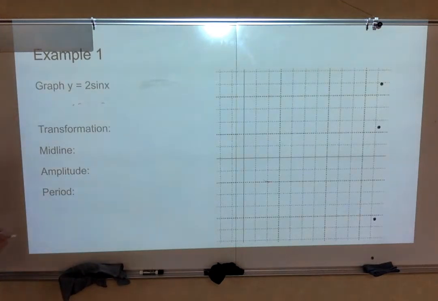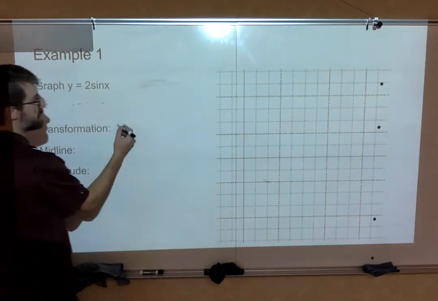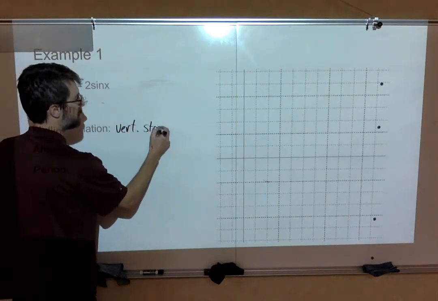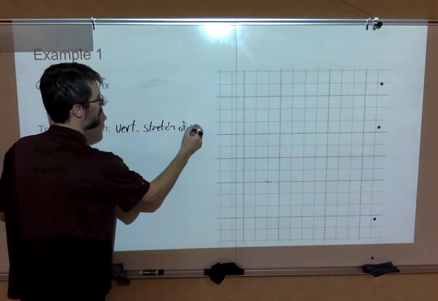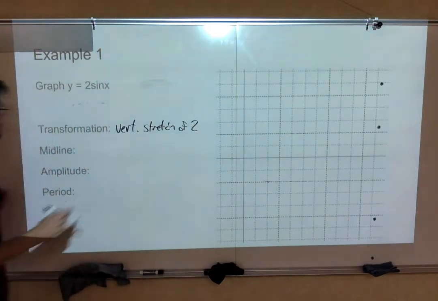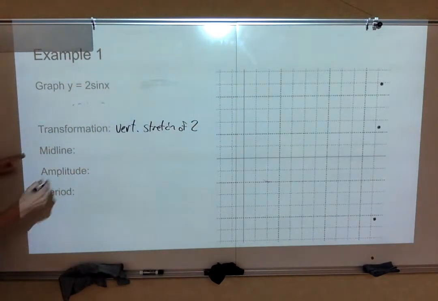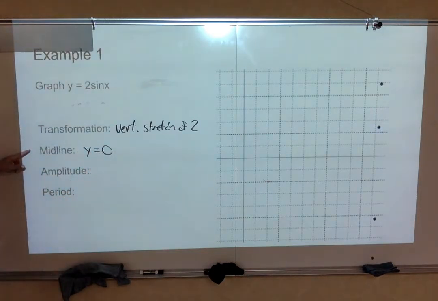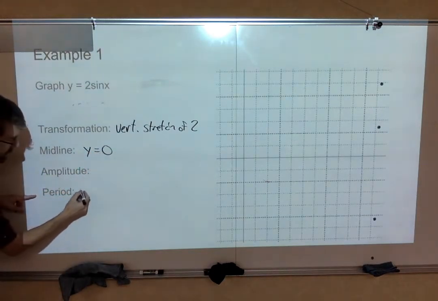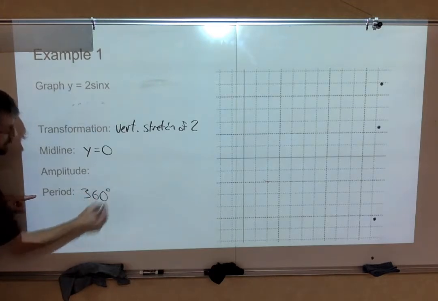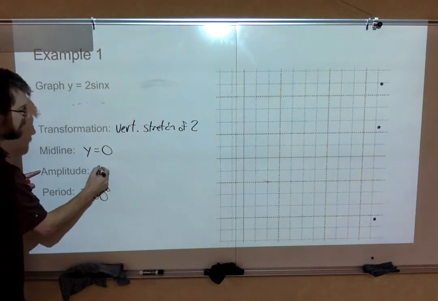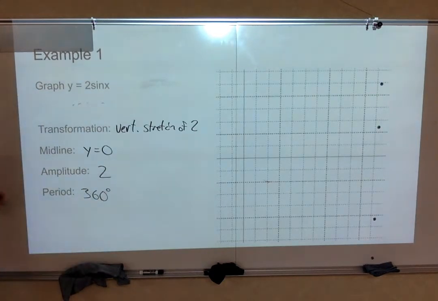So y equals 2 sine of x. This is going to be a vertical stretch of 2. This is not going to affect our midline. Only a vertical shift affects our midline. It is not going to affect our period. And the amplitude is going to be +2.